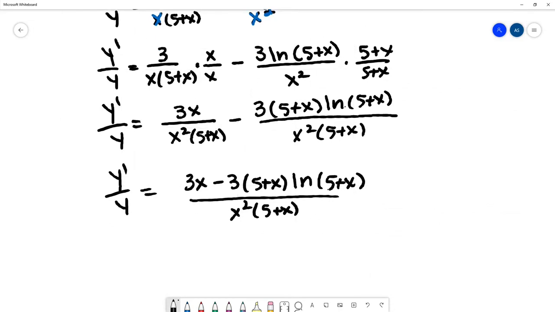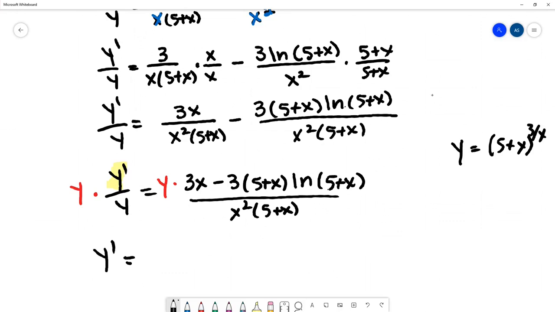Continuing, I want to isolate the y prime. I'll do that by multiplying by y on both sides. Now, if you remember, y was given in the original equation to be 5 plus x to the 3 over x. So I'll substitute that in.